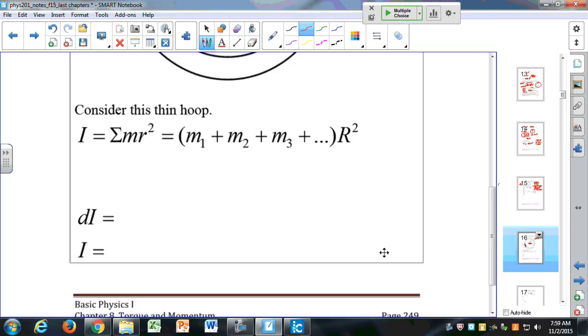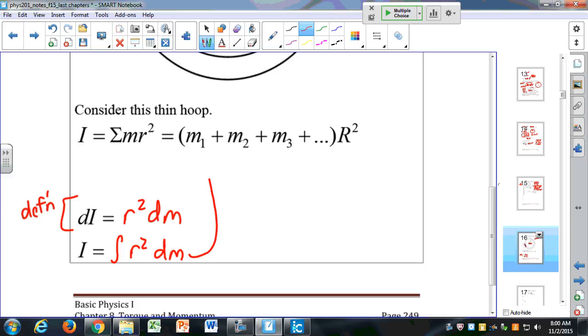So dI, I know that dI is equal to R squared dm. This is our definition, and I then is going to be equal to the integral of R squared dm. But because R doesn't change with dm, that is because all of our mass elements have the exact same radius, I just pull that R out.